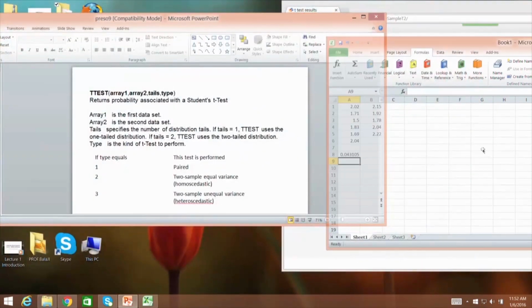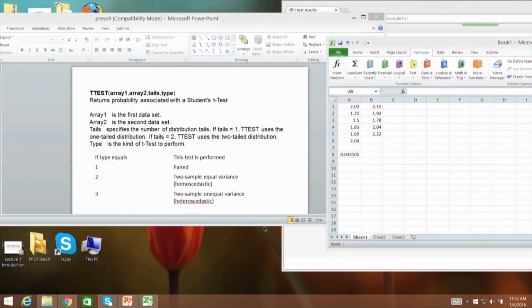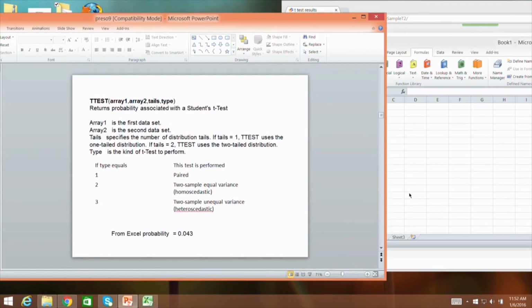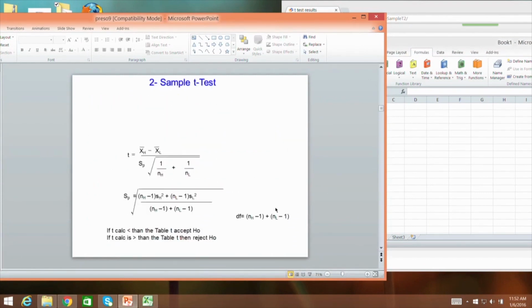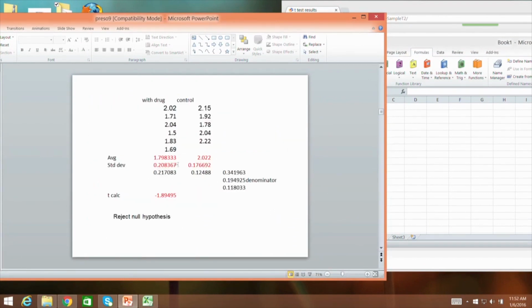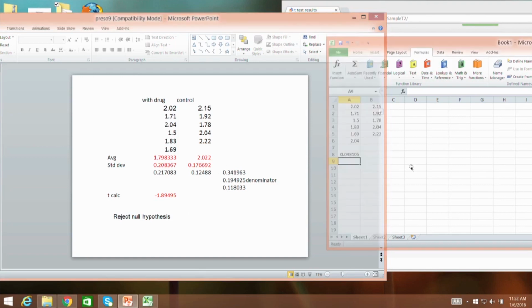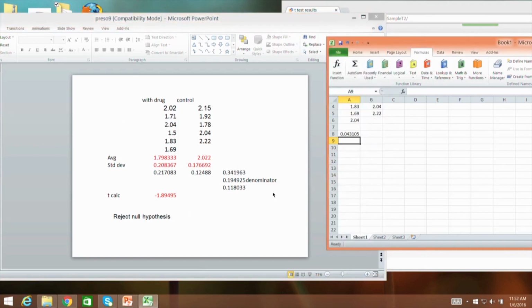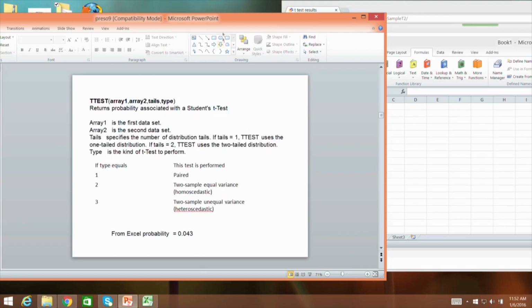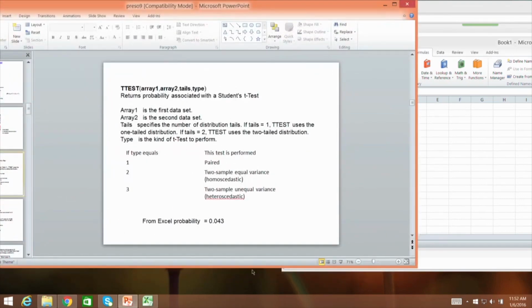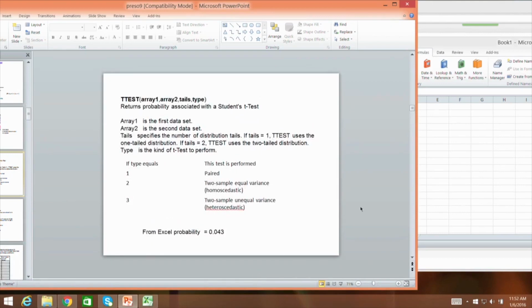I can even give it as equal. So for unequal variance I am getting 0.043. Yes, the variances are unequal, as you can see. The standard deviations are unequal here. So it is giving 0.043. So we reject the null hypothesis and accept the alternate hypothesis.